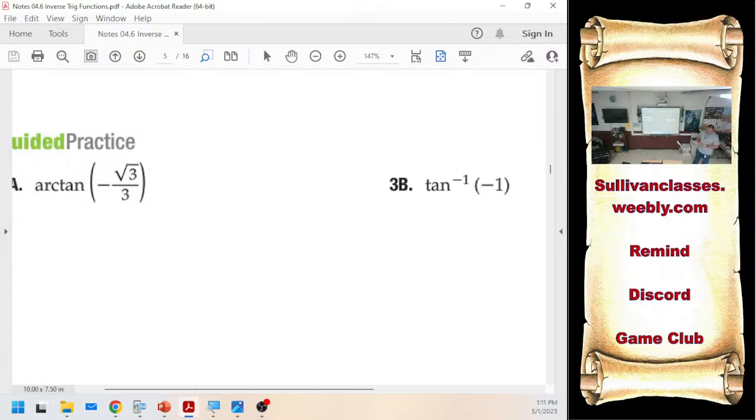Look on your unit circle in quadrants 1 and 4. Where do you see a tangent value of negative root of 3 over 3? Right there. Okay, so then it's just down, so I'd call it a negative pi over 6. We're getting there. Negative pi over 6 and negative pi over 4.